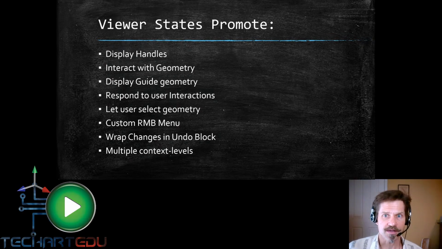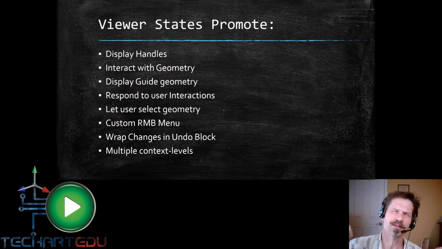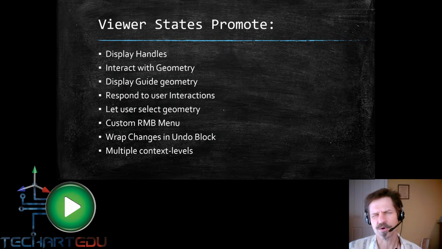Things like extra menus, you can get that. You can choose separate geometries. You can do undo blocks, and you can operate on multiple context levels. What I mean by that is, suppose you want to work in the object level, and then you want to work in the SOP level, and then you want to go over to USD and work in the LOP level.